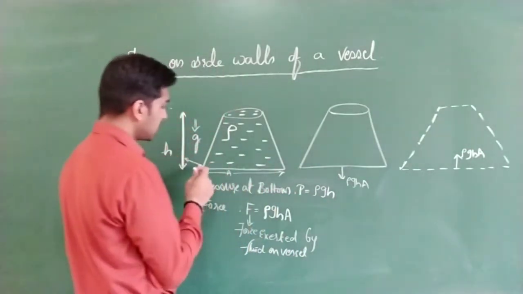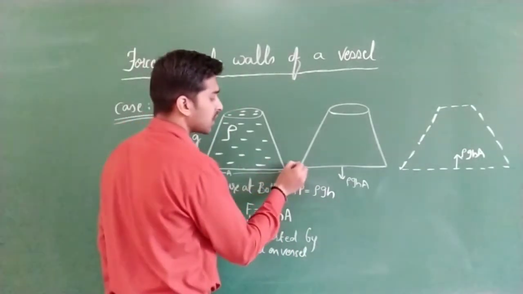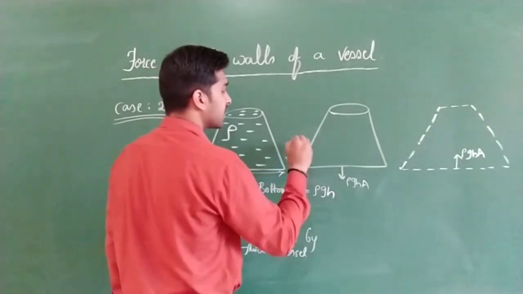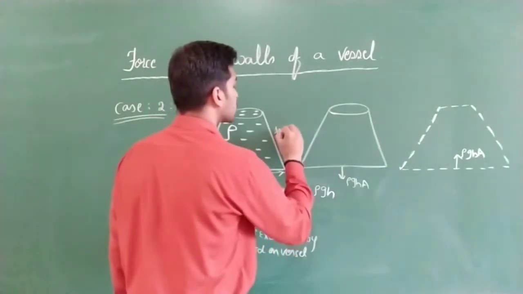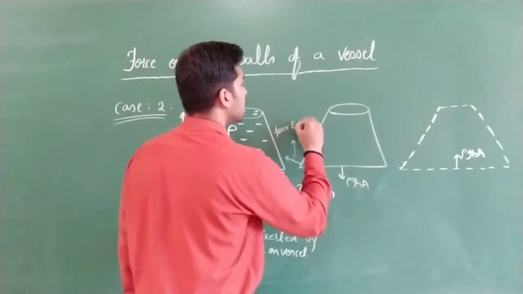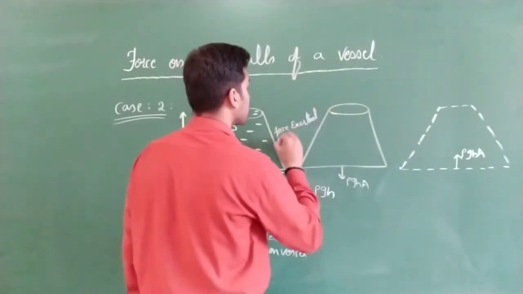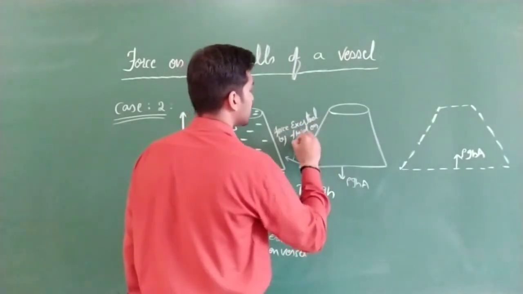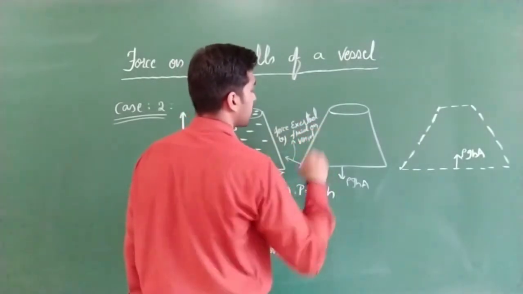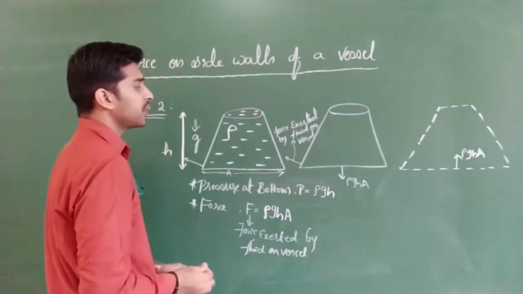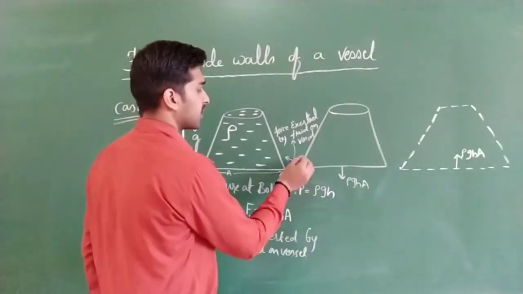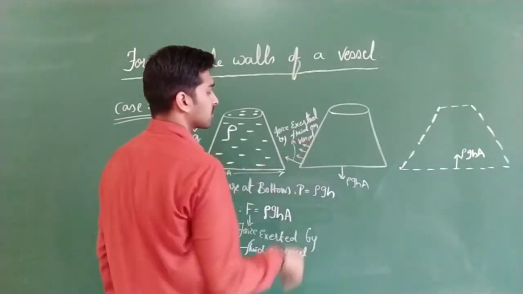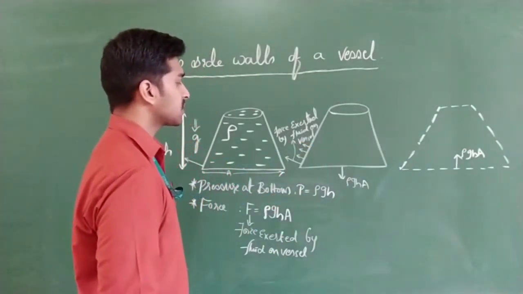So first of all, this arrow mark is nothing but the force applied by the fluid on the vessel. This arrow mark indicates the force exerted by fluid on vessel. So the force exerted by fluid on this vessel is nothing but this arrow mark. That means all these are in this manner. Clear? Now next.